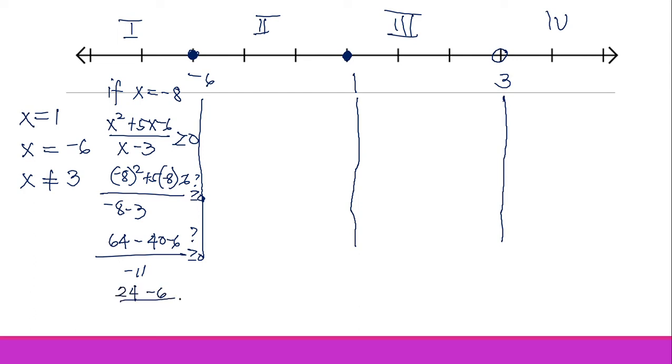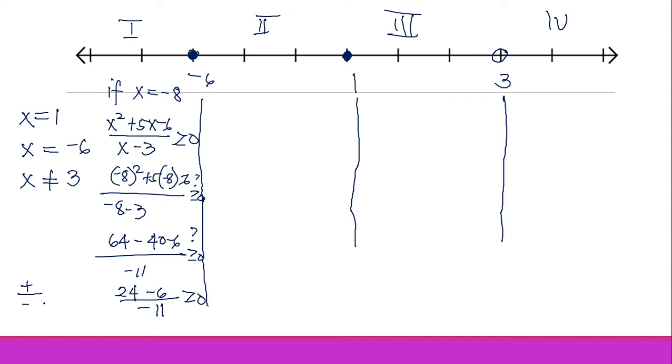minus 6 over -11. From that line on, you can really determine whether this is true or false, because 24 minus 6 gives a positive. And take note, positive numbers divided by negative numbers, if they don't have the same sign, will always lead to a negative number.